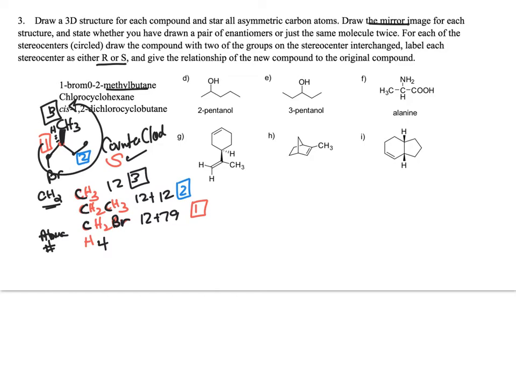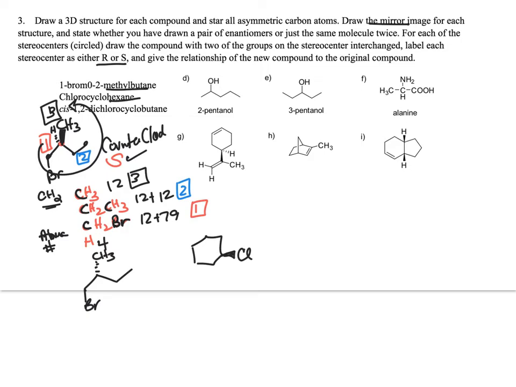If you were to draw the R then, you could just draw this methyl group coming at you. Okay, the next compound, chlorocyclohexane. Just pick one, and then we can see that we do not have an asymmetric carbon.